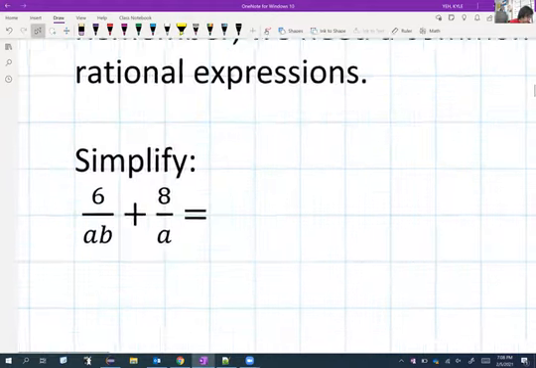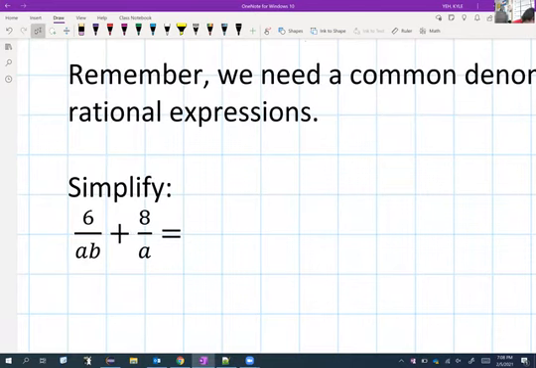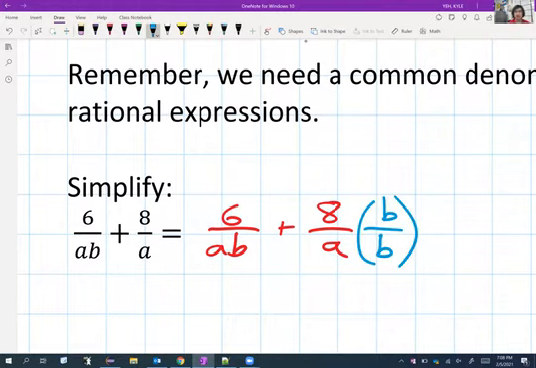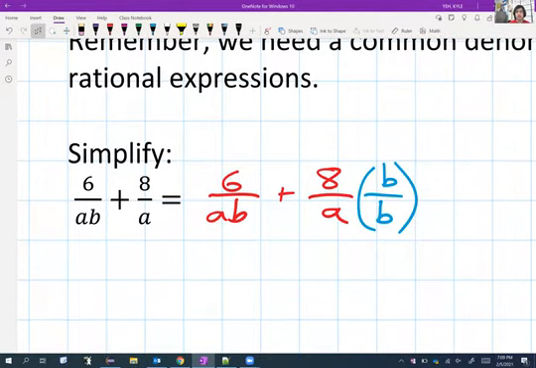In this case, we can see probably just by looking at it that if we multiply my second expression by b over b, remember we have to multiply by the same on top and bottom, that actually is now going to give me a common denominator.